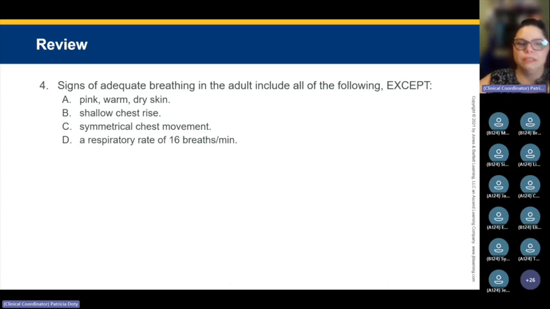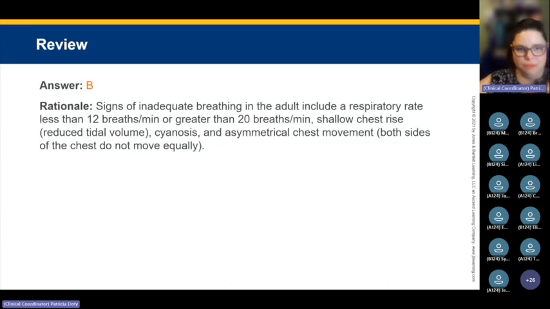All right. So the correct answer is B. Signs of inadequate breathing in an adult include a respiratory rate less than 16 or greater than 20, shallow chest rise, that's that reduced tidal volume, cyanosis, and asymmetrical chest movement. If you ever hear the word shallow, we automatically know that they are not breathing adequately.